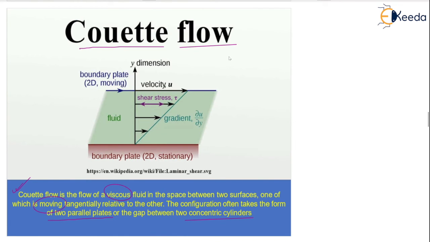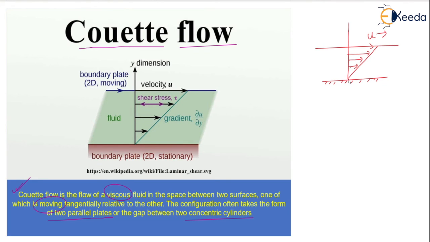So you can see here Couette flow. Here also there are two plates. Correct. One plate is stationary. The bottom plate is stationary, but the upper plate is moving with the velocity u in this direction. So you will be getting velocity profile like this.